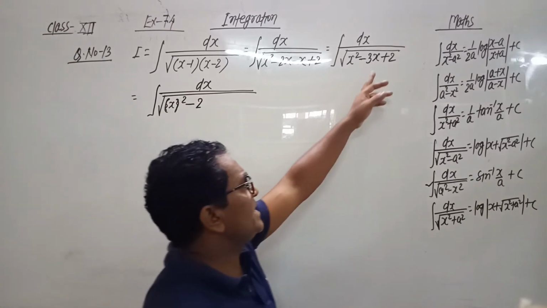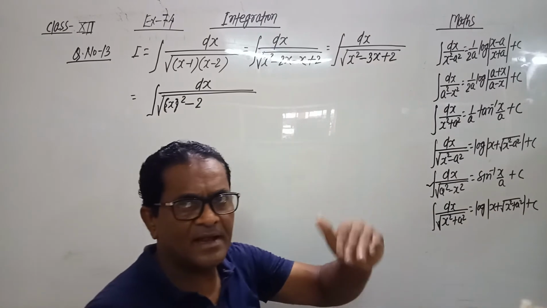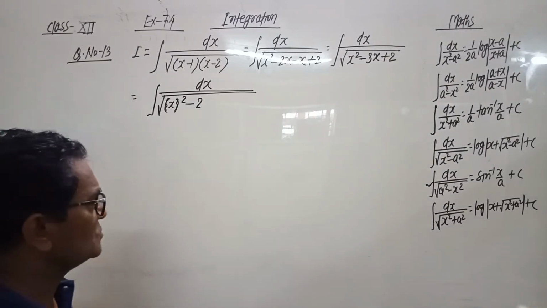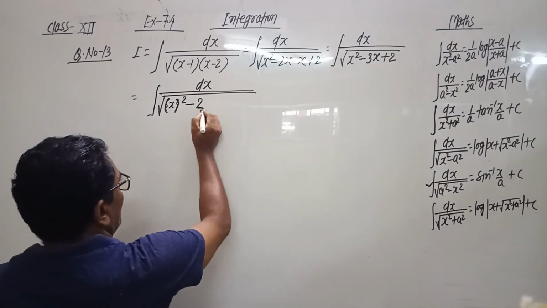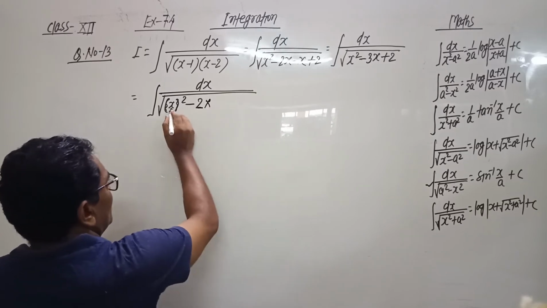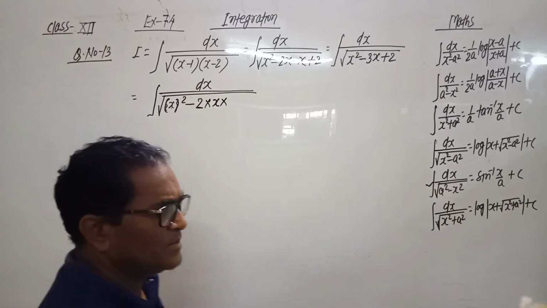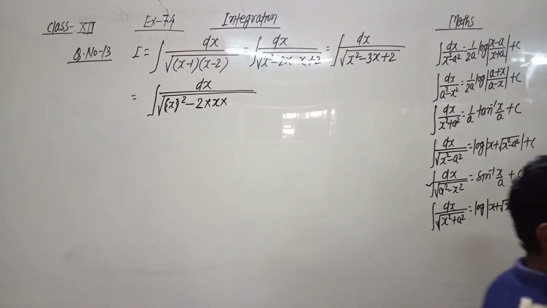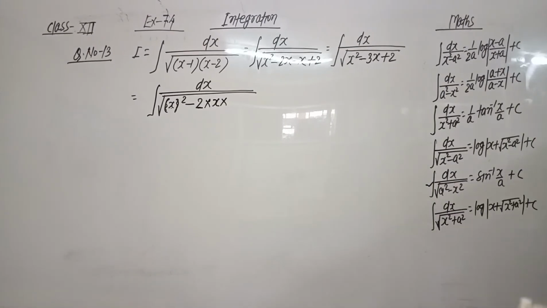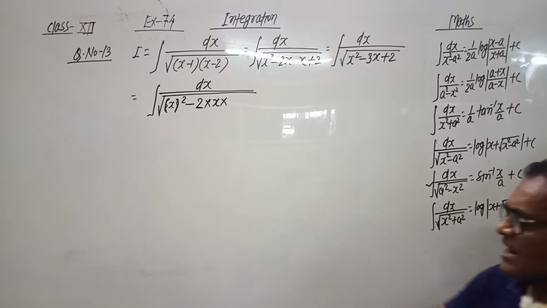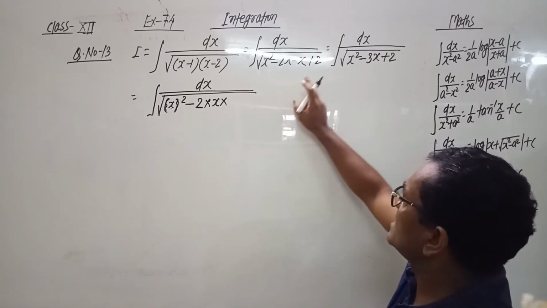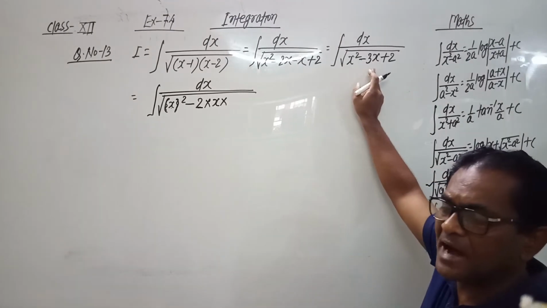The term containing x is negative, so minus 2ab will be used. So minus 2 from the formula, and the value of a we have taken as x, and we have to select the value of b. The value of b would be selected such that by putting the value of b here, the result must be minus 3x.